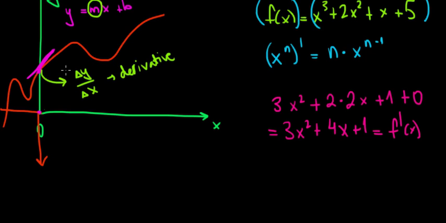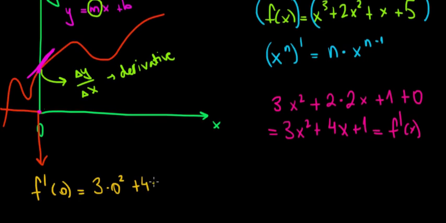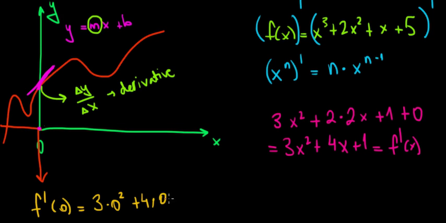Well, this is the general formula for our rate of change, for our derivative, but we want the exact value at the point of 0. So we want to know the derivative of the function when x equals 0. So that's what we're looking for. We're looking for f derivative at the point of 0. That's equal to 3 times 0 squared plus 4 times 0 plus 1.